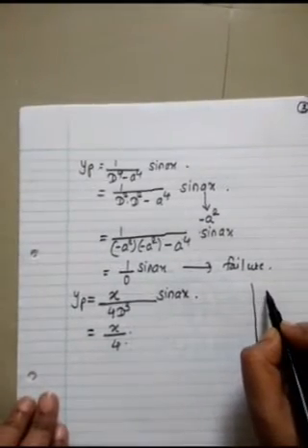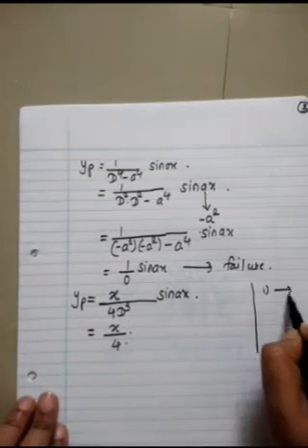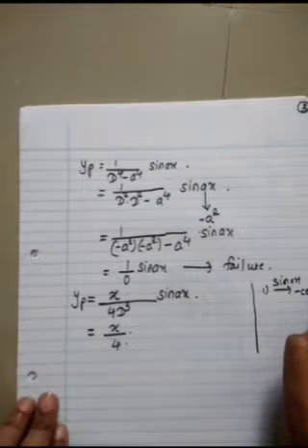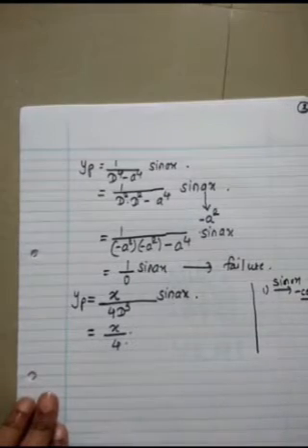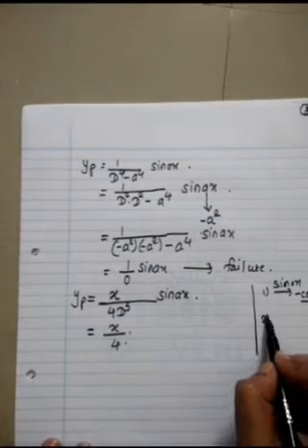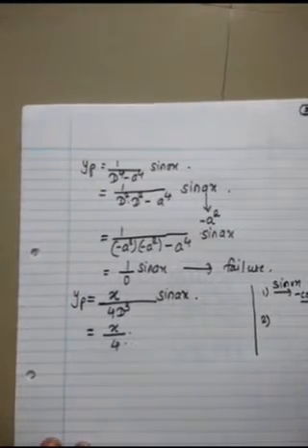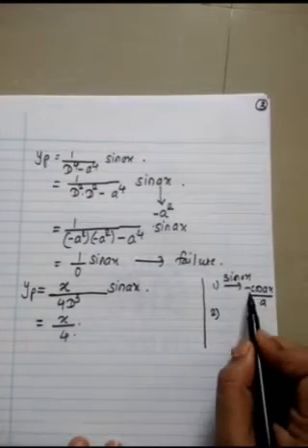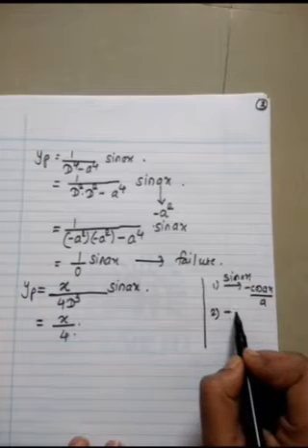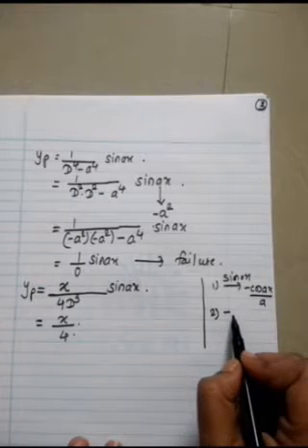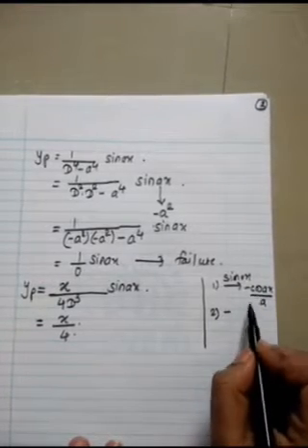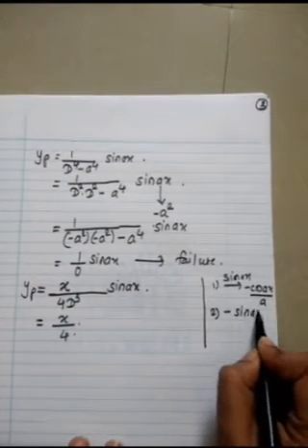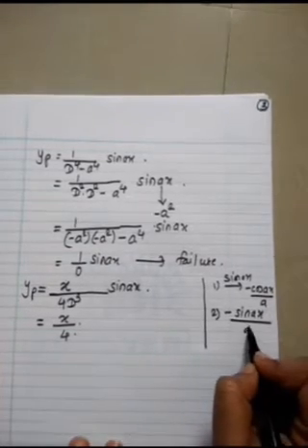First, integration of sine ax is minus cos ax upon a. Next, the second integration: integration of cos is plus sign, so this sign is as it is, minus sine ax upon a into a square.